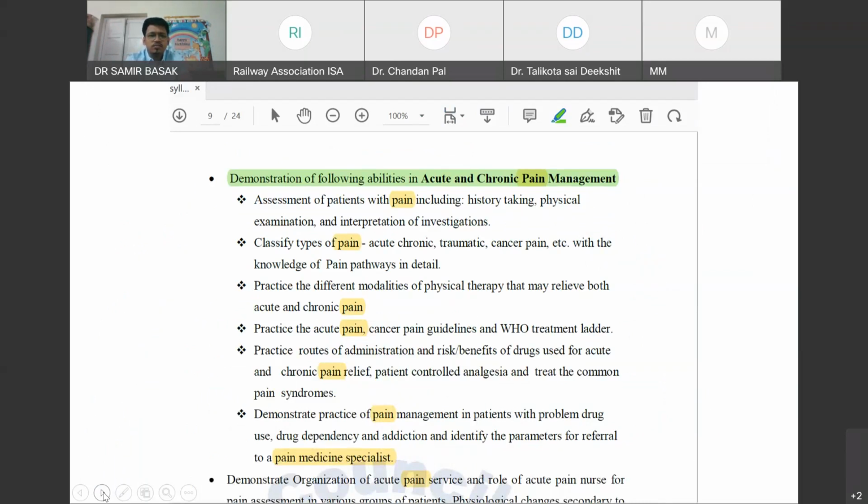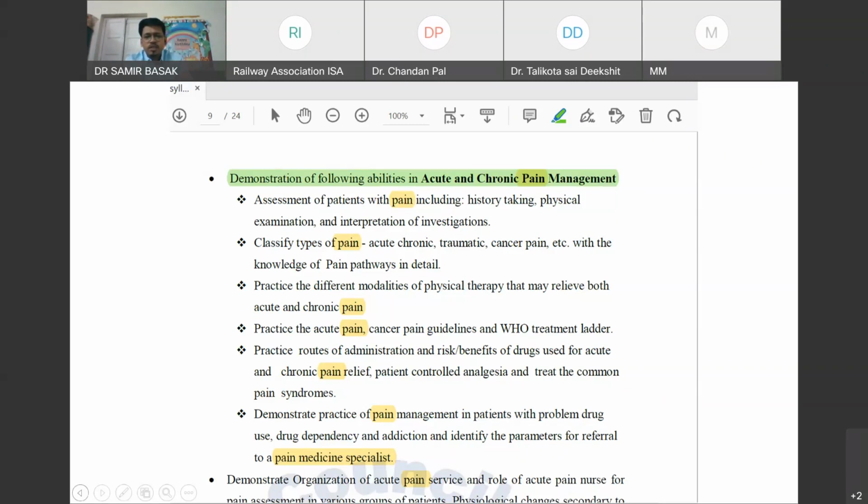Next comes physical therapy, different modes of physical therapy that may relieve both acute or chronic pain. Then acute cancer pain, the WHO guideline, and all the types of treatment. Routes of administration and risk-benefit of the drugs used for acute and chronic pain relief, patient-controlled analgesia, and treating common pain syndromes. All this we have to learn.